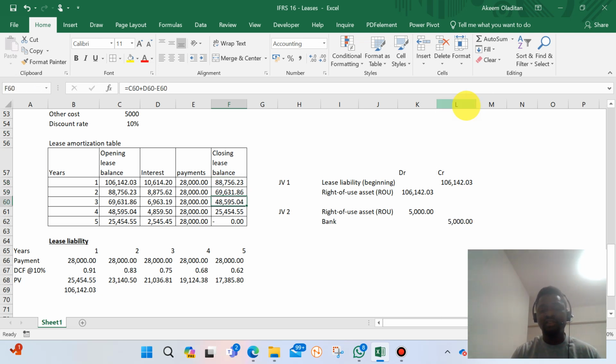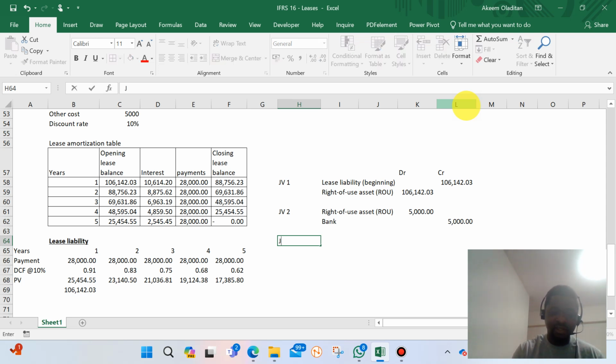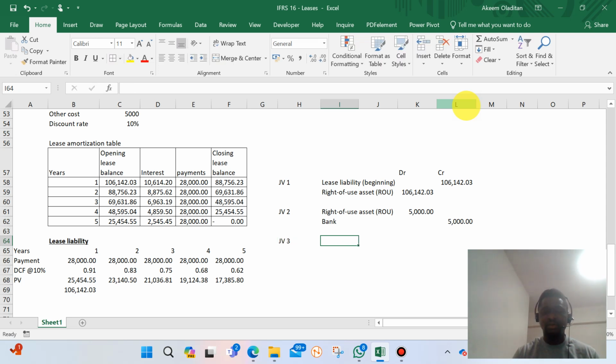So how do we go about posting this transaction? Our next journal will be for the interest payments, interest on lease. That is P&L.